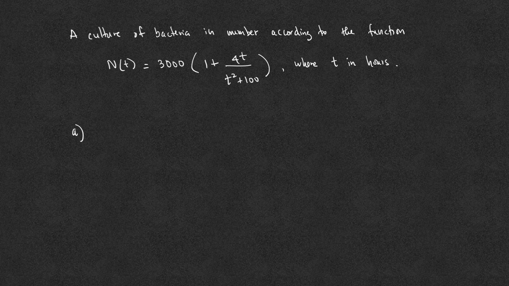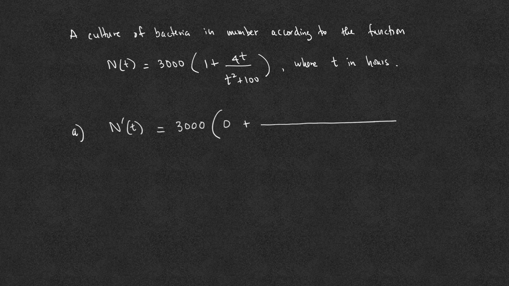The rate of change is the derivative, and so N prime of t equals 3000, which is the constant multiple, so we would rewrite 3000 times. The derivative of 1 is 0. For the derivative of 4t over t squared plus 100, which is a quotient, we will use the quotient rule.